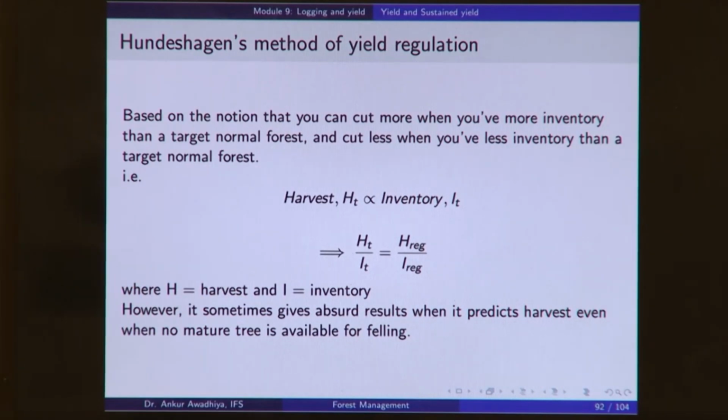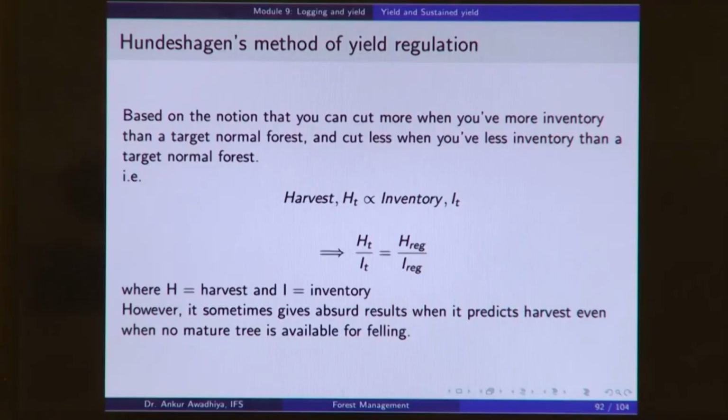Suppose you have an area where you did a clear felling, and now you have planted young seedlings. When you put your area into this equation, you will get that some amount of felling needs to be done, even though your plants are only 1 or 2 years of age. So, this method can give you certain absurd results.